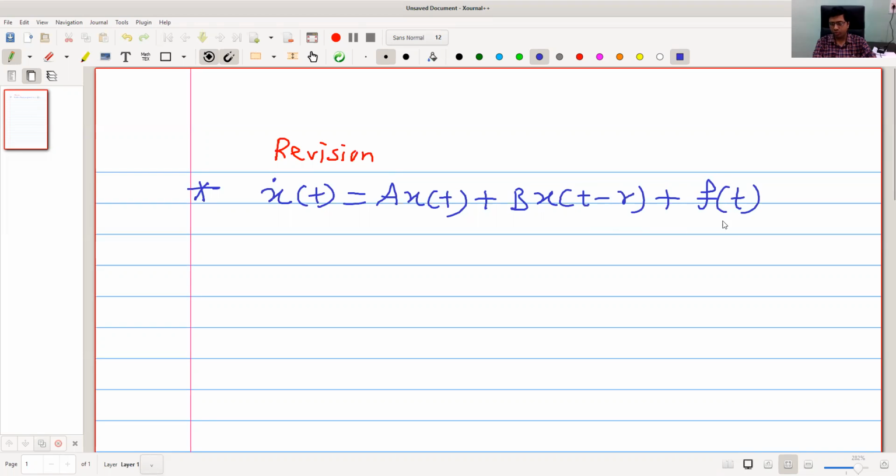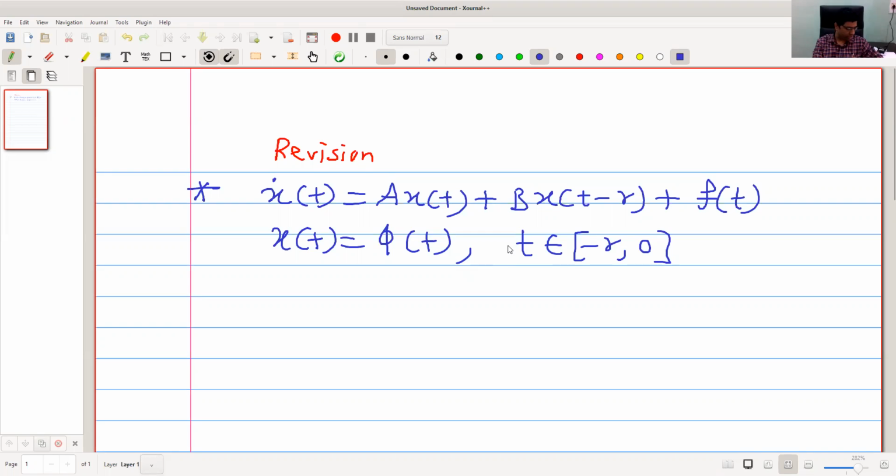Due to the presence of this f of t, this becomes non-homogeneous. For this problem, with initial data x of t equal to phi of t, where t is in the interval minus r to 0.